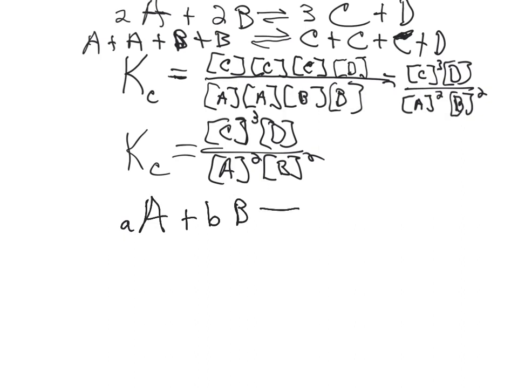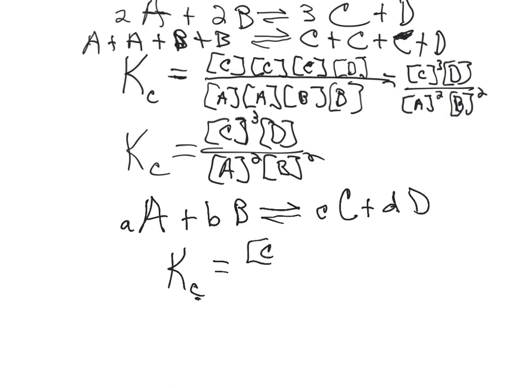So I have my two reactants, and then I have my equilibrium arrows, and then I have a little c and a big C. Those are my products. Little c is just representing the stoichiometric coefficient, and then I have a little d and a big D. I can now say that if I want to know my equilibrium constant in terms of concentration, that's what the brackets refer to, then I have to just follow this generic formula.